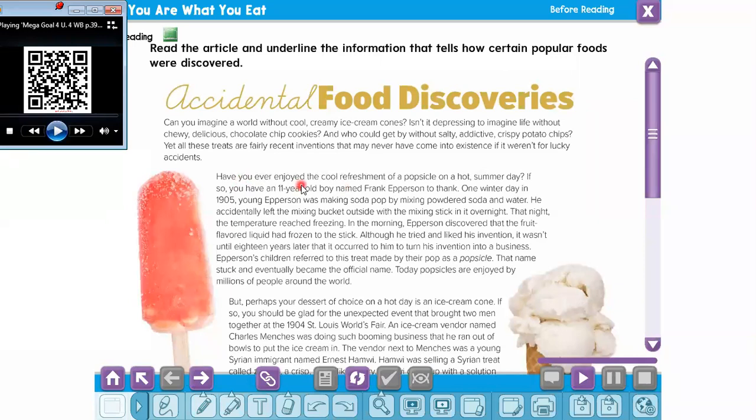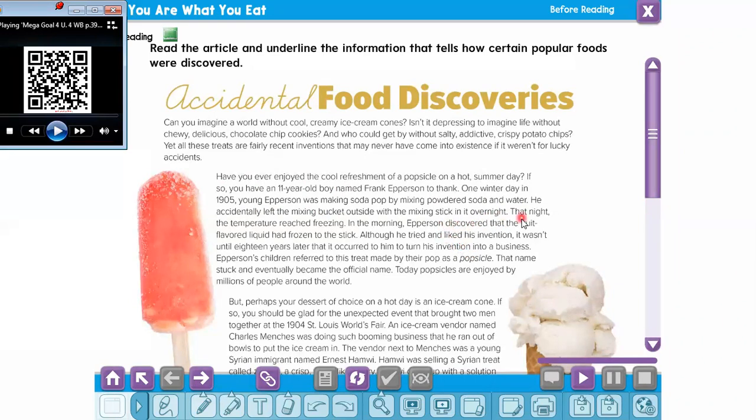Have you ever enjoyed the cool refreshment of a popsicle on a hot summer day? If so, you have a 12-year-old boy named Frank Epperson to thank. One winter day in 1905, young Epperson was making soda pop by mixing powdered soda and water. He accidentally left the mixing bucket outside with the mixing stick in it overnight.